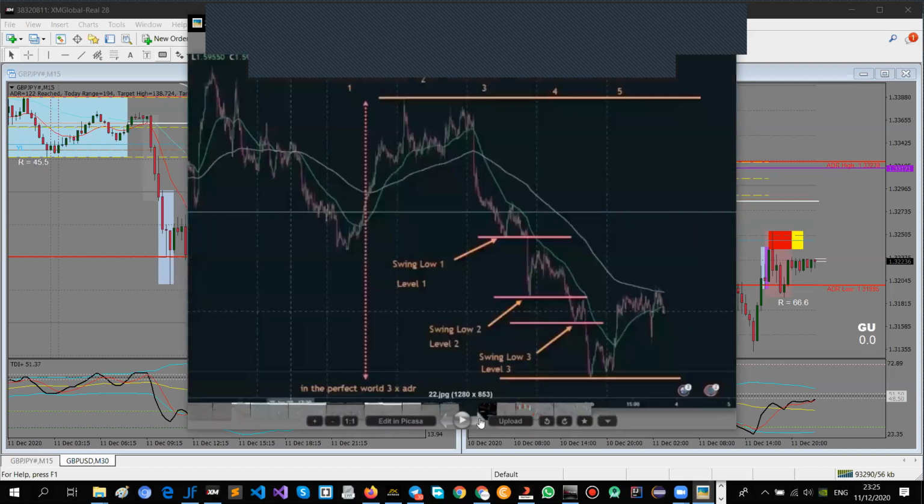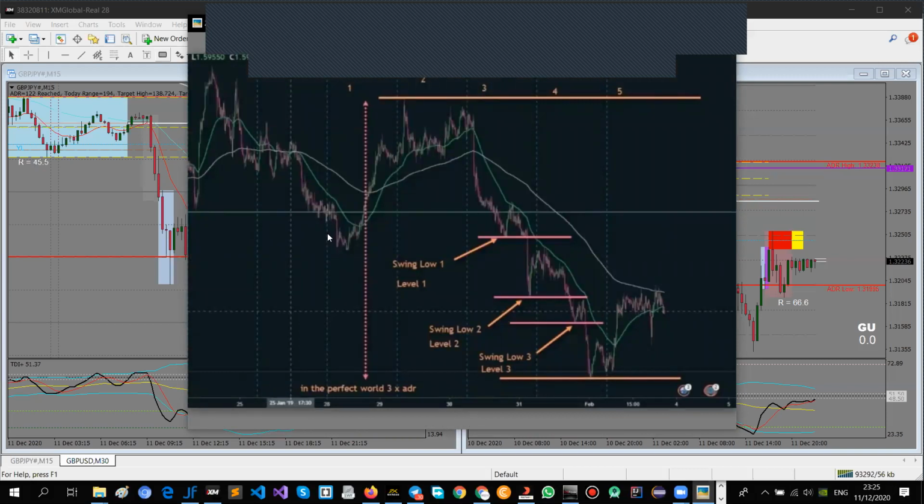CBA. As you can see right here, price formed its own peak here. Then it started moving down, tanking down. I don't know which particular pair this is.